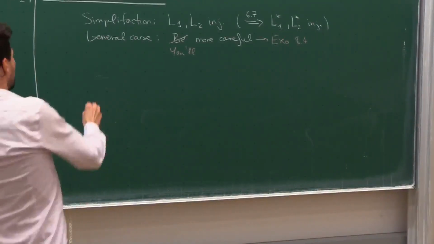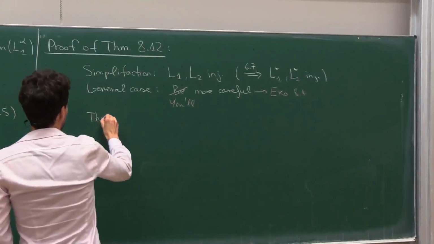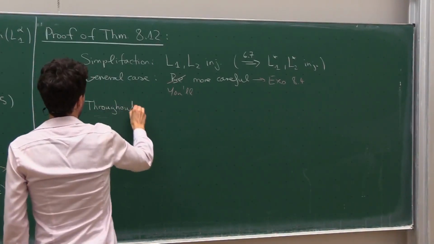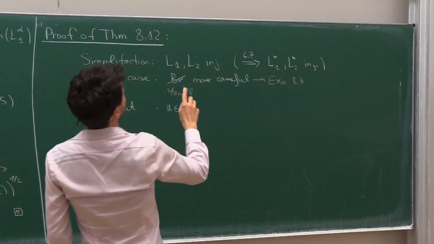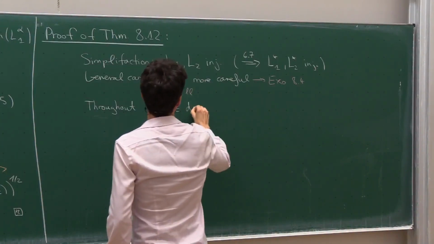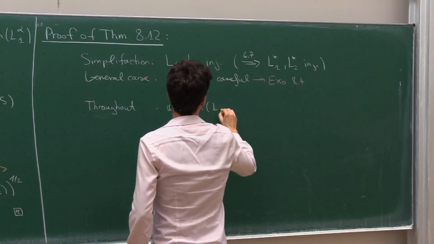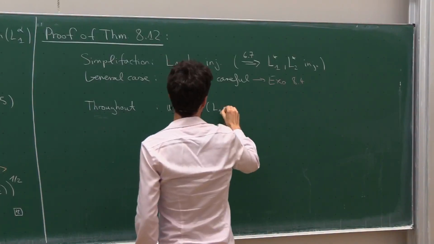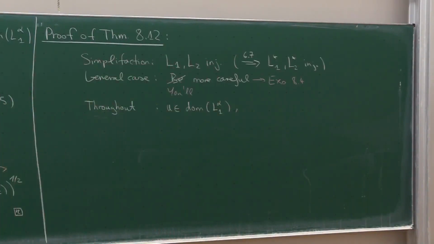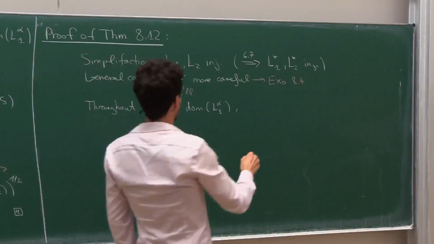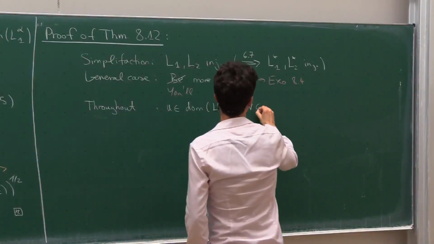All right, and then throughout everything that is going to happen in this proof, U will be an element of the domain of L1 to the alpha, and then V is going to be a domain element in the domain of the adjoint fractional power.